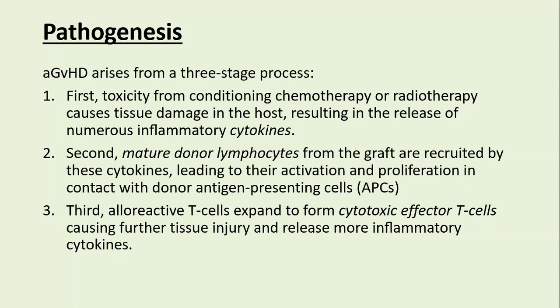It causes tissue damage to the host that results in release of several inflammatory cytokines. Then the second process is, when HSCT is done, the mature donor lymphocytes from the graft are recruited by these cytokines, which are already generated because of conditioning chemotherapy or radiotherapy.